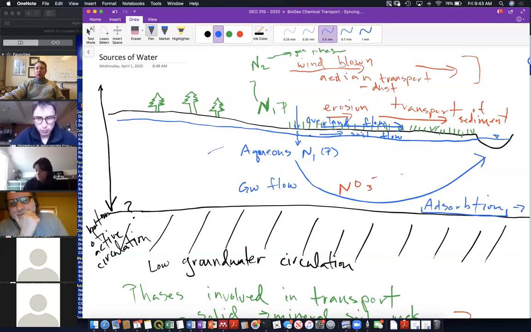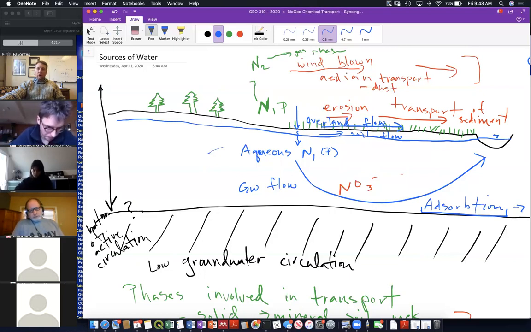And that each one of these brings sort of a different set of nutrients, say nitrogen and phosphorus if we're eroding and actually physically moving sediment, nitrogen and nitrate if we're dissolved, and that they have different time scales of response.